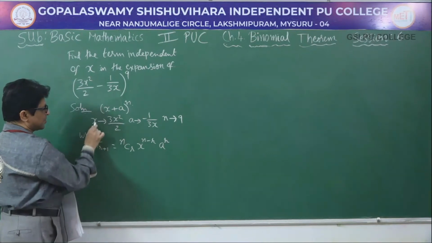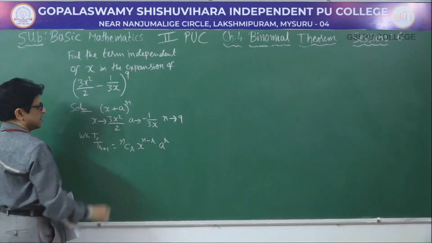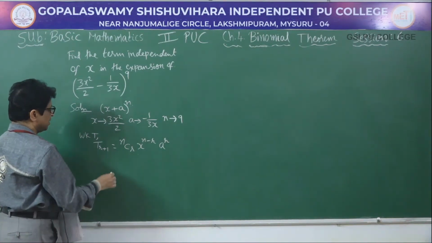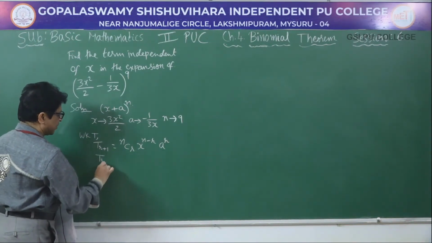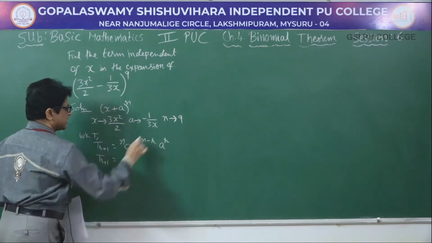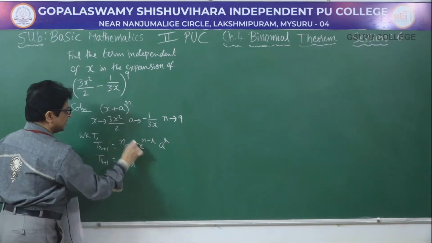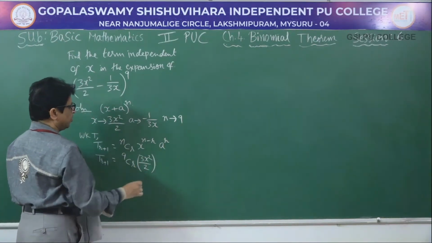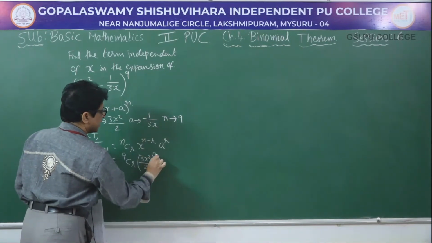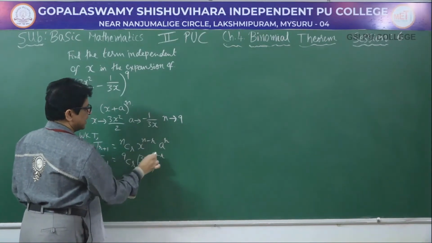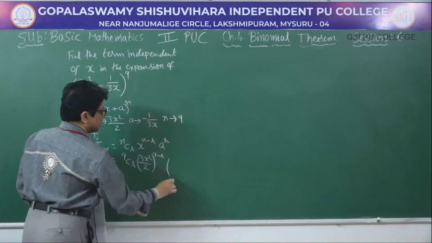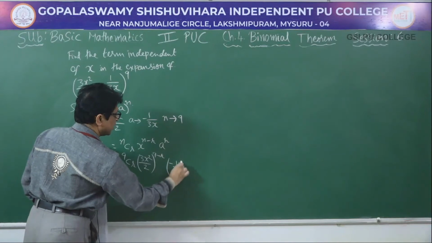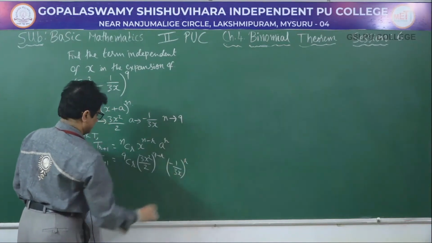So substituting the values of x, a and n in the general term of the binomial theorem, we get T(r+1) is equal to, n is 9, so 9Cr, x is 3x square by 2 whole power n, n is 9 minus r, into a, so a is (minus 1 by 3x) whole power r.